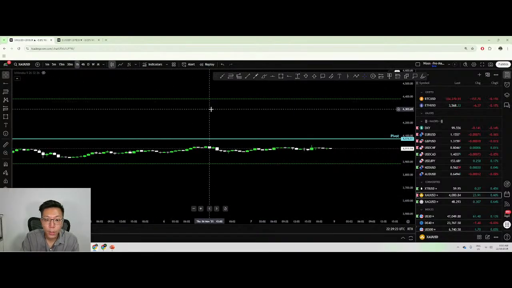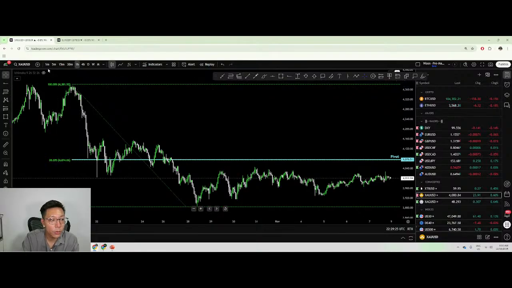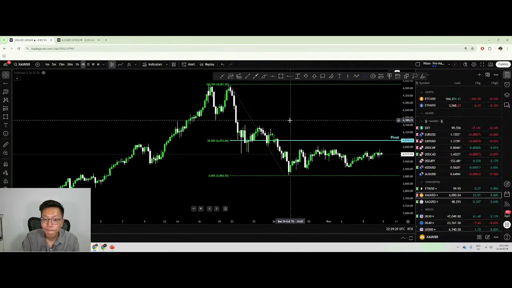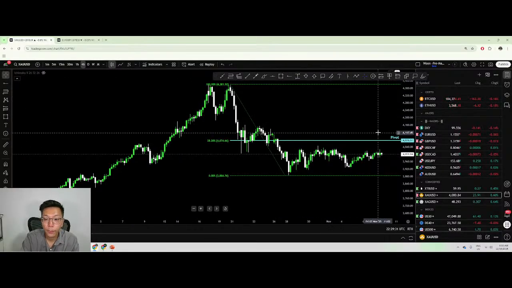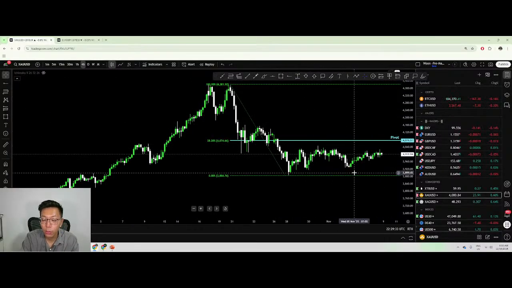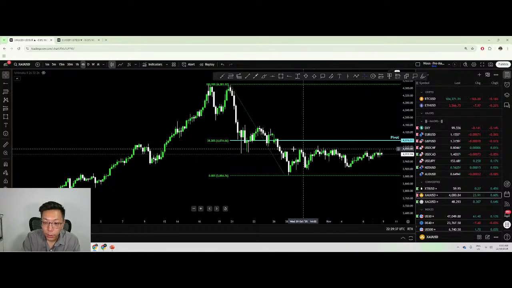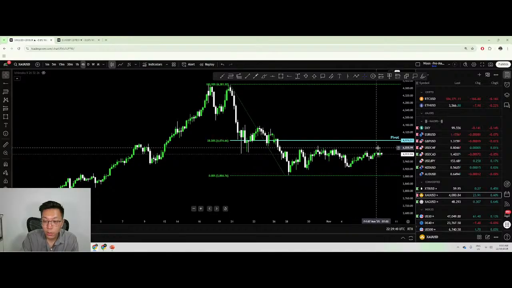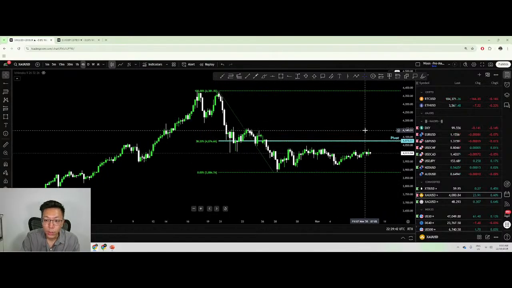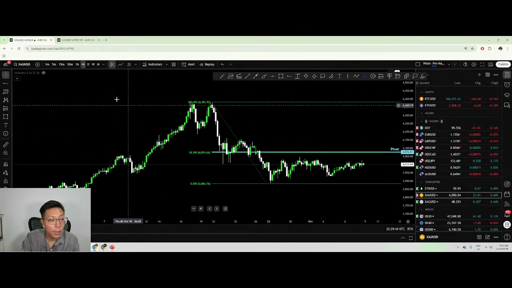If you go to H4, you can see price is just waiting to take action, either breaking out of the consolidation zone towards the upside or towards the downside.